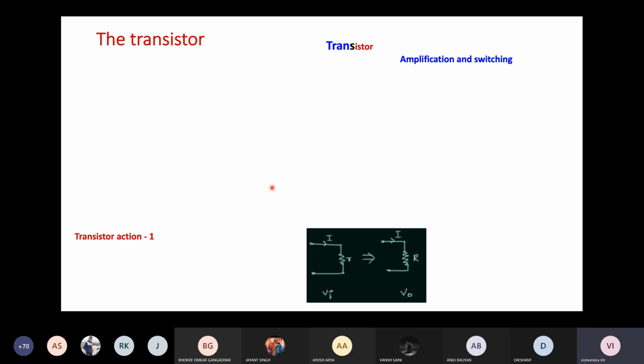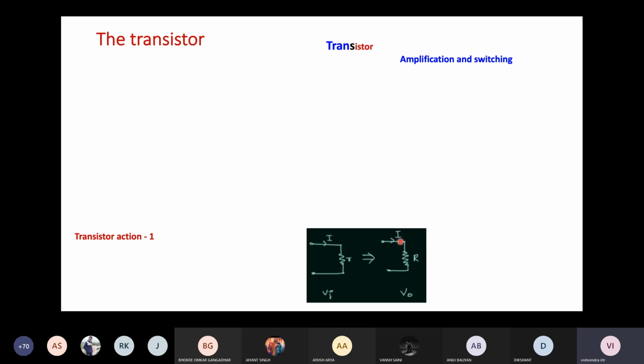One of you has already pointed out that in this device we have a region where there is a small resistance r, and if we apply an input voltage across this resistor, a current I will flow through the resistor. And in this device, this current I can be transferred to a high resistance region.